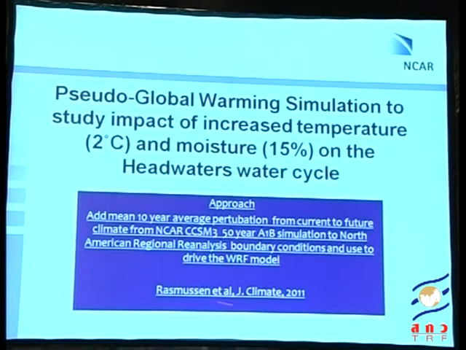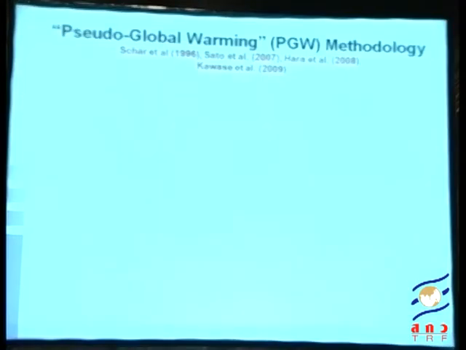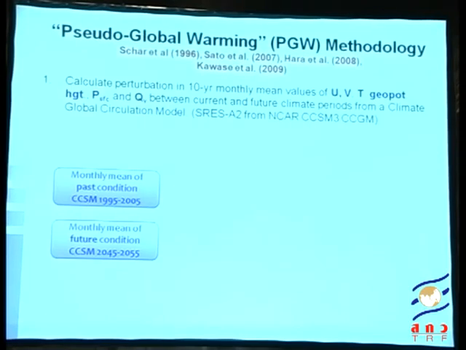As I mentioned, this is all described in this paper here, and it's based on this work that Chris Schär pioneered in 1996. So we calculate the perturbation in the 10-year monthly mean of the UV, temperature, geopotential height, and water vapor mixing ratio between the current and future climate periods from the global climate model.